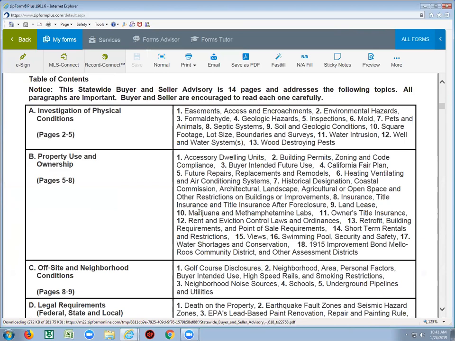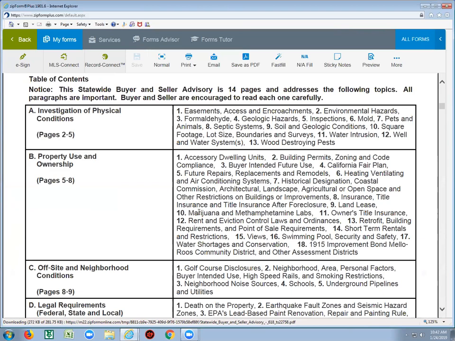Square footage: if somebody wants to challenge the square footage, you can base it on the appraiser, the county assessor report, or if the city or county has the original floor plan and the permits. Lot size: you need to hire a surveyor, or we have to base it on the assessor report.